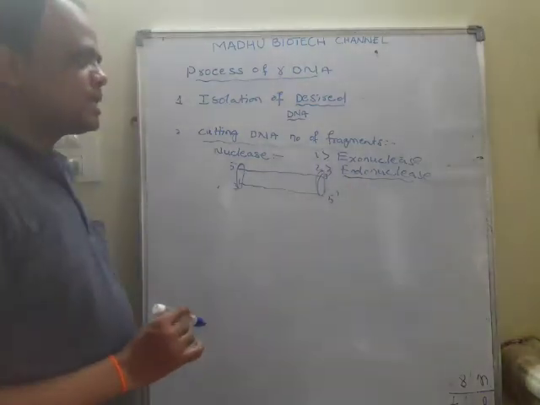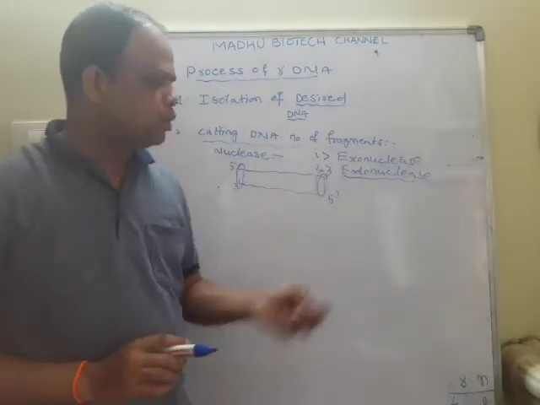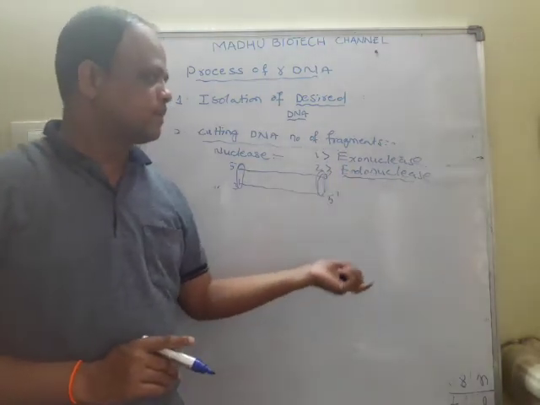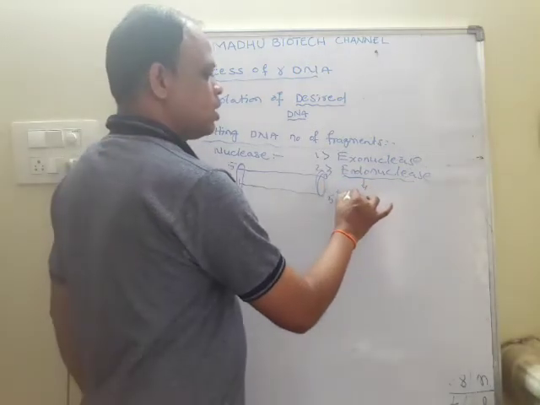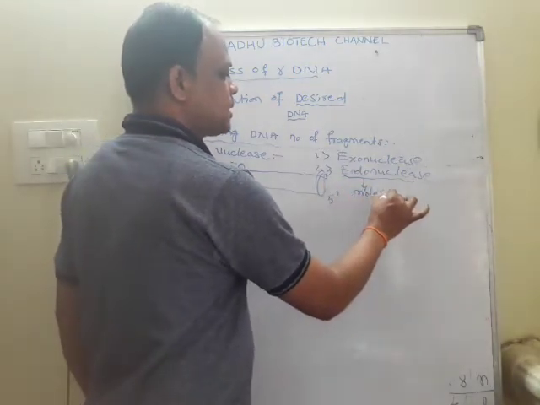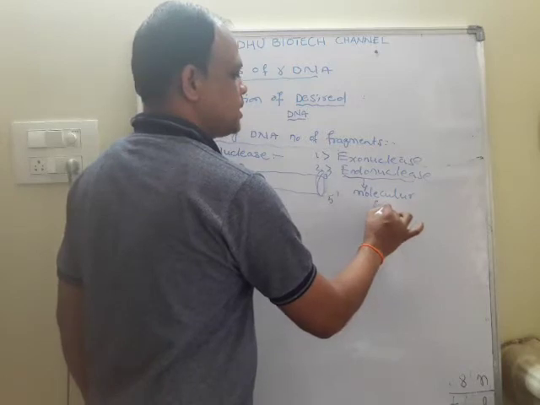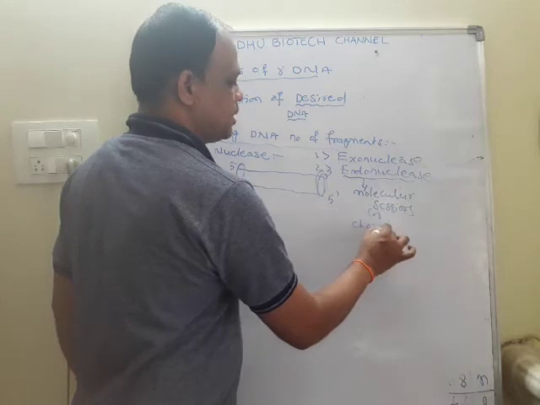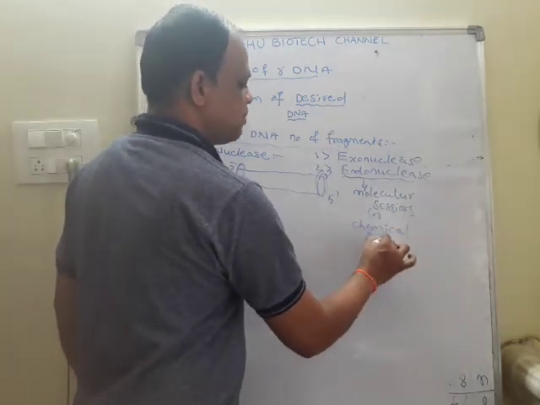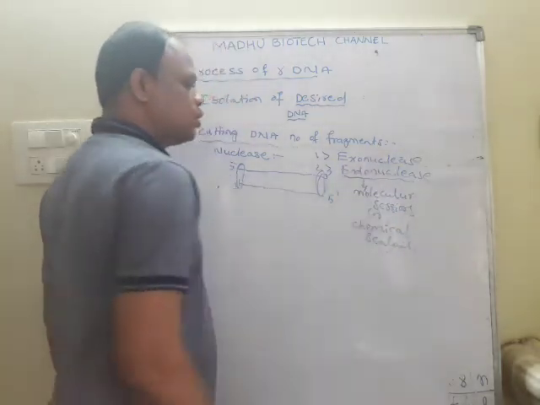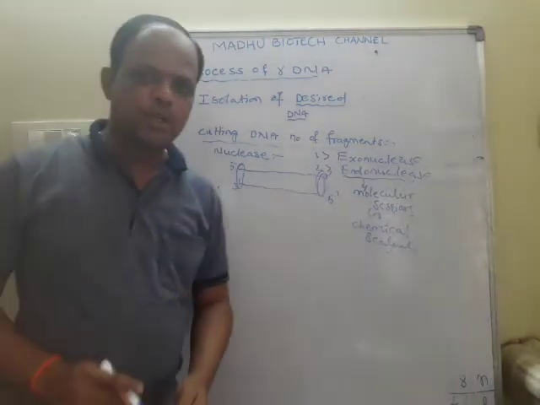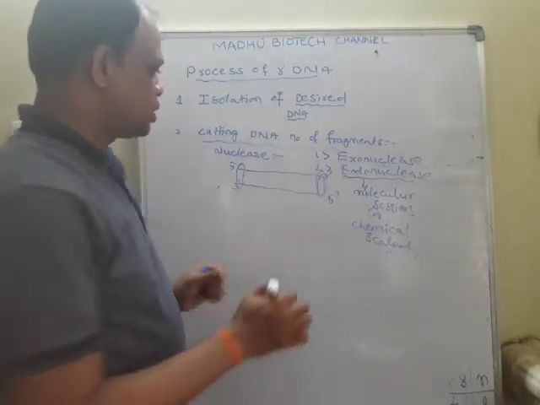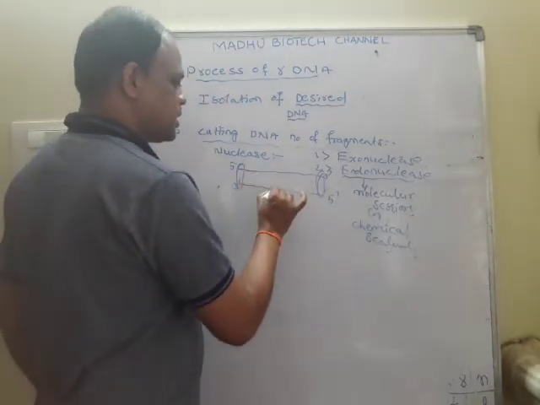Endonuclease is also called restriction endonuclease, molecular scissors or chemical scalpels. These restriction endonucleases recognize a specific position, which is called the restriction site.